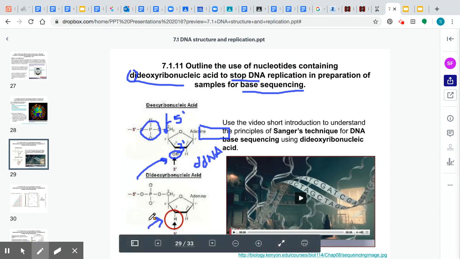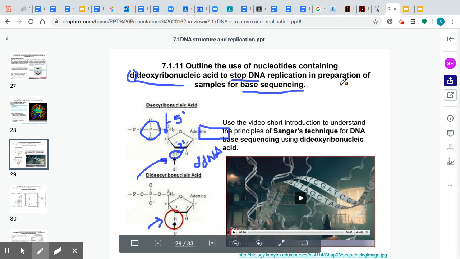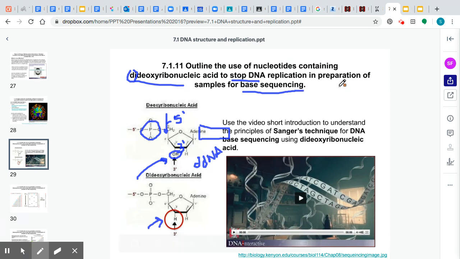The next nucleotide can't connect to it because it can't form that condensation reaction because we don't have that OH. So that's how it stops the DNA replication. And on the next slide, I'm going to show how we can figure out the base sequence.